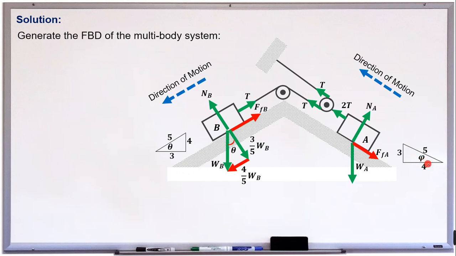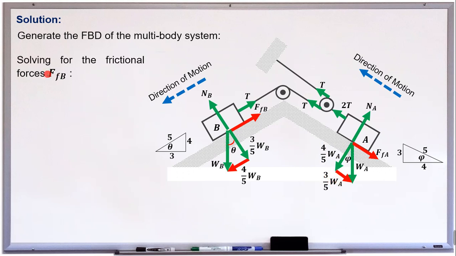So it has a 4 unit run and 3 unit rise. So these are the components of the weight of our block A. The normal component of the weight of our block A is 4/5, and its parallel component is 3/5.